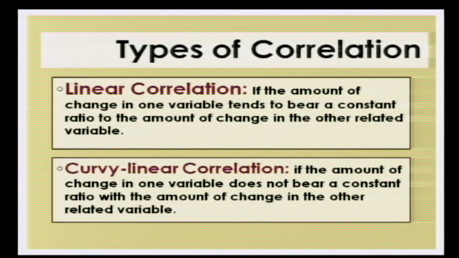The other possibility is curvilinear or non-linear correlation. What is curvilinear or non-linear correlation? If the amount of change in one variable does not bear a constant ratio with the amount of change in the other related variable. Means the other variable is changing, but it is not changing constantly.